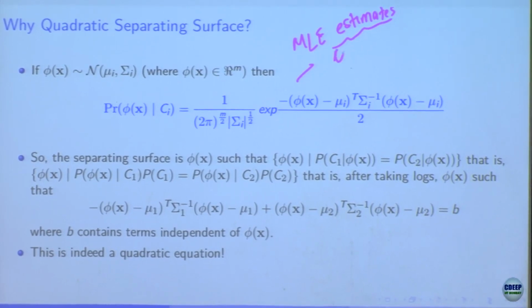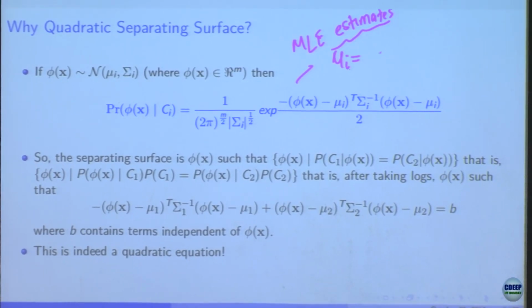Most intuitive, mu I will be the mean of all points that belong to that class. Mu I will be the sum over xi belonging to class Ci of phi of xi divided by the size of Ci.